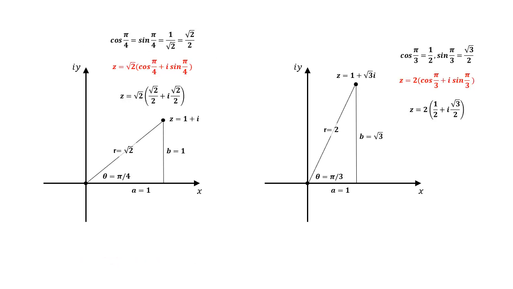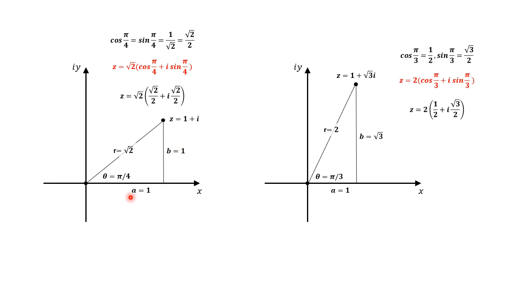Let's do a couple of examples of converting a complex number from a Cartesian form to a polar form. So on the left, we have the complex number 1 plus i. We put that on the graph. You see that the x distance is 1, the y distance is 1.